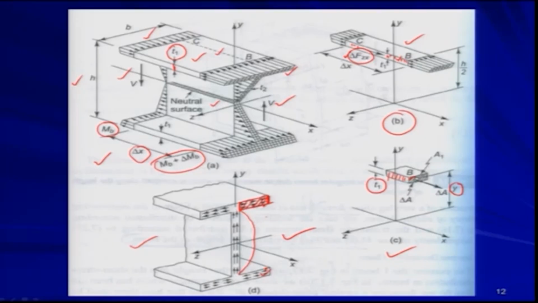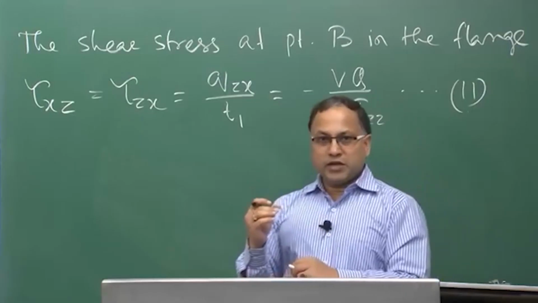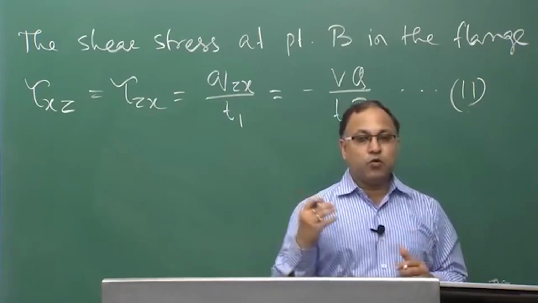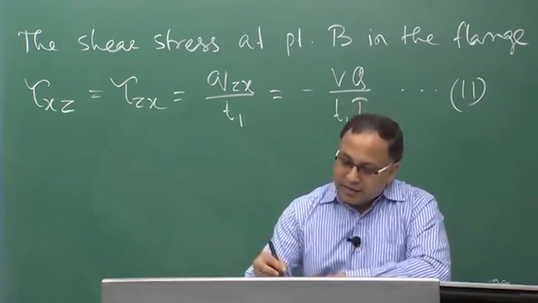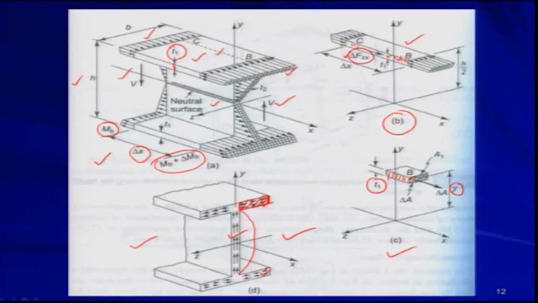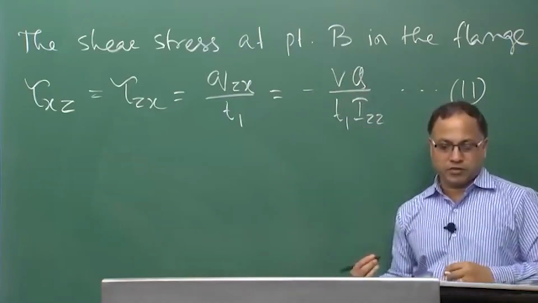In the flange, tau xz or tau zx will be more critical, whereas in the web, tau xy, whatever you calculated previously, will be more critical, with the maximum at the neutral surface in a parabolic distribution, and minimum at the top surface as well as the bottom surface.